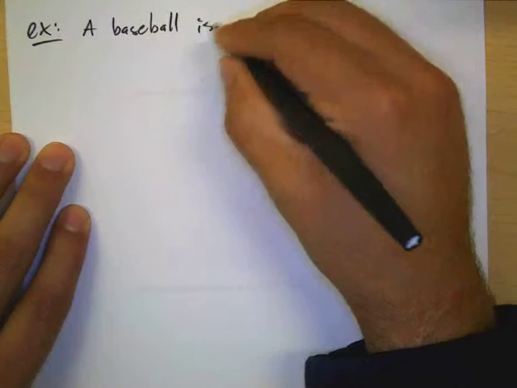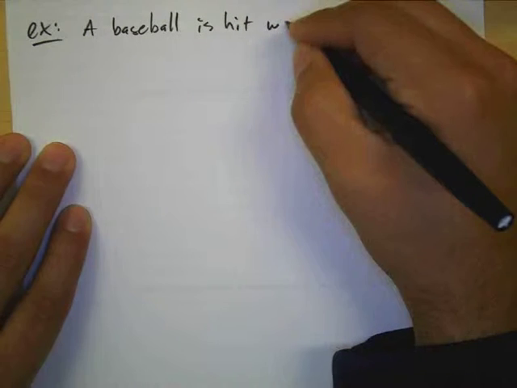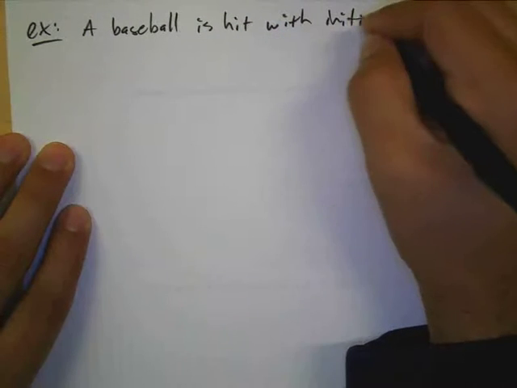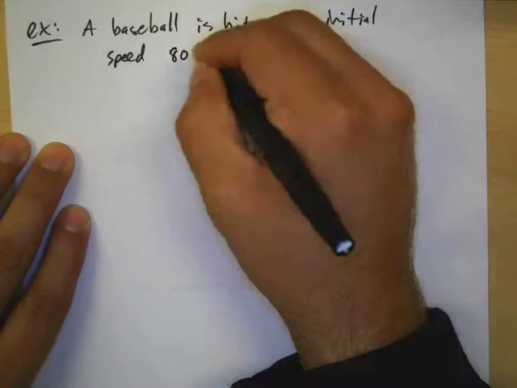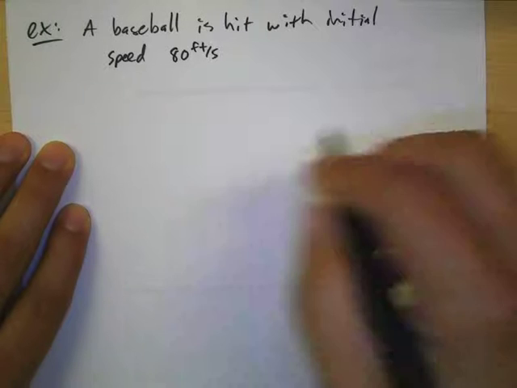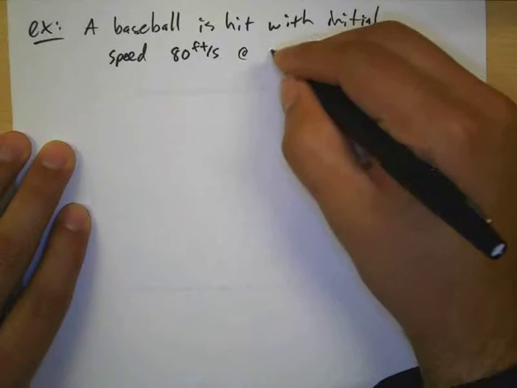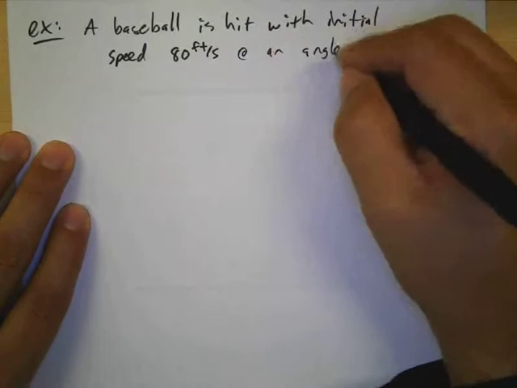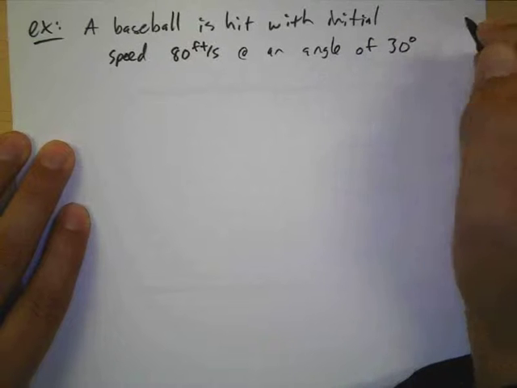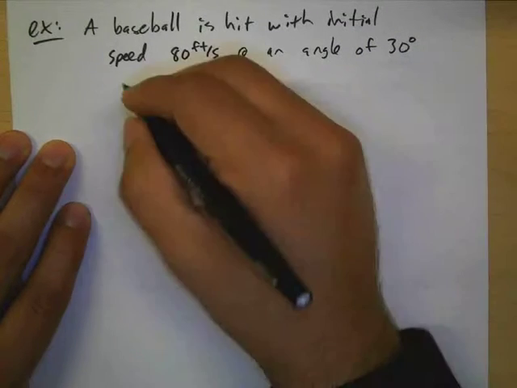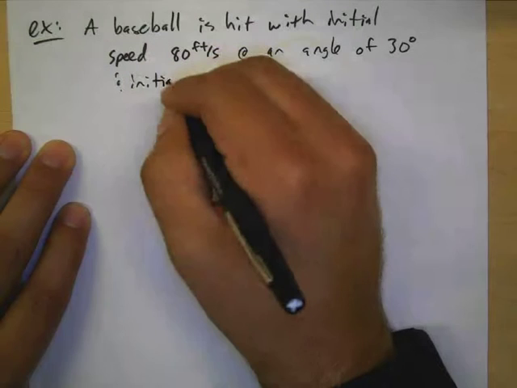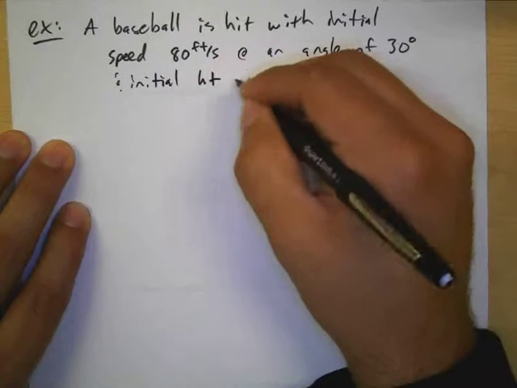A baseball is hit with initial speed of 80 feet per second at an angle of 30 degrees with respect to the horizontal, and initial height of 3 feet.